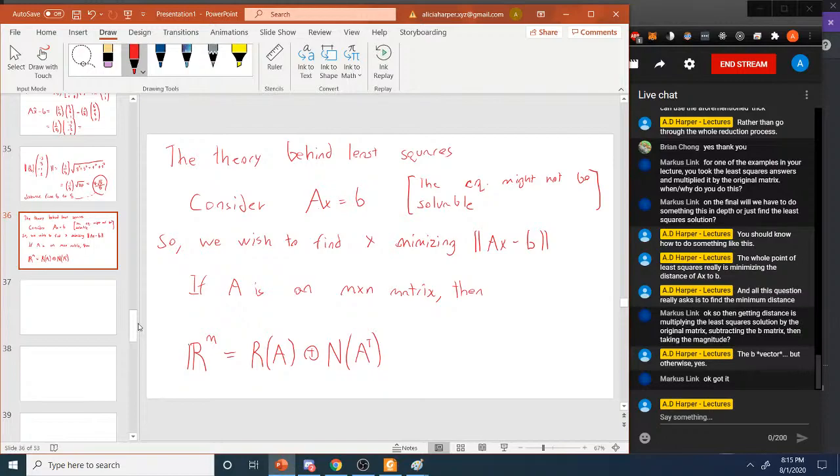And we also know that the null space of A transpose is orthogonal to the column space of A. You'll recall this is one of the orthogonality relationships.